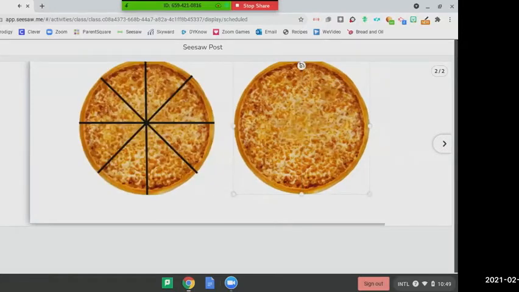On the left, I have 1, 2, 3, 4, 5, 6, 7, 8. Each piece represents 1/8. And if I have all 8 out of 8, that is the same as 1 whole pizza. So if I still have all of my slices left, both of these pizzas are the same size.